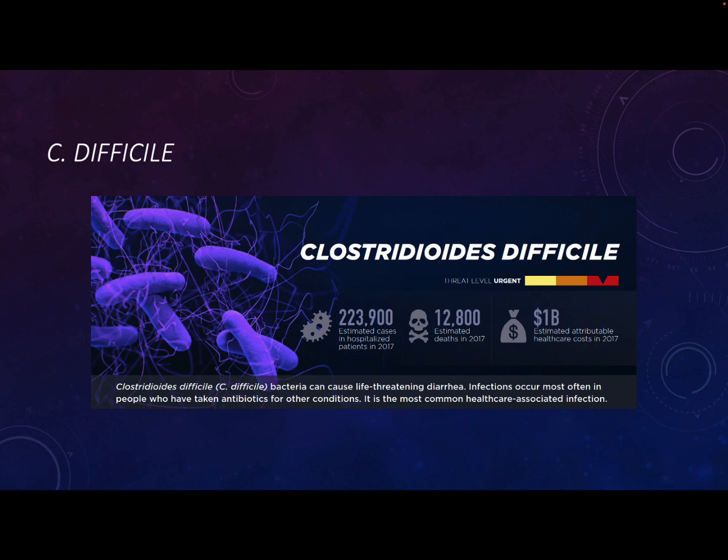These are patients who were hospitalized for something else. 250,000 of them developed this infection, and almost 13,000 died. So you literally went to the hospital for something else and you died of diarrhea. And about $1 billion in healthcare costs. So it's a big deal. Okay, questions about Clostridium difficile?